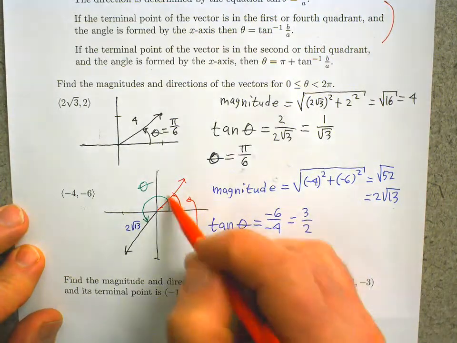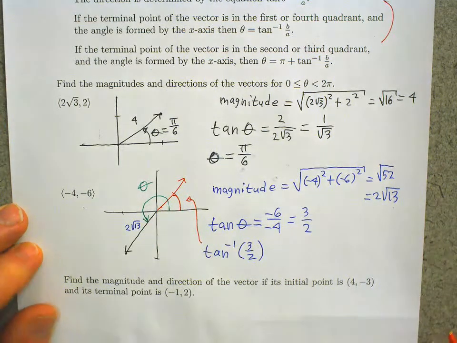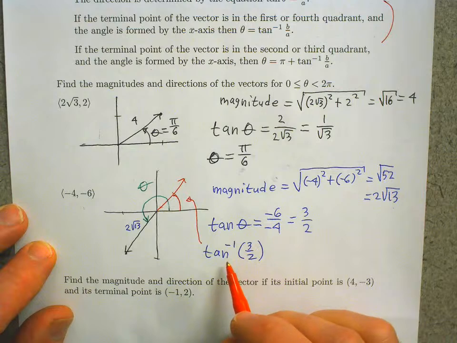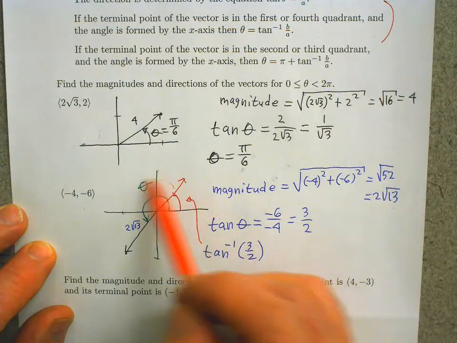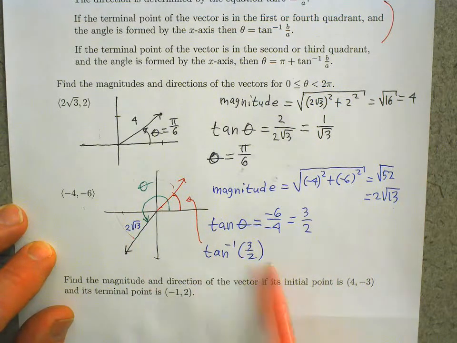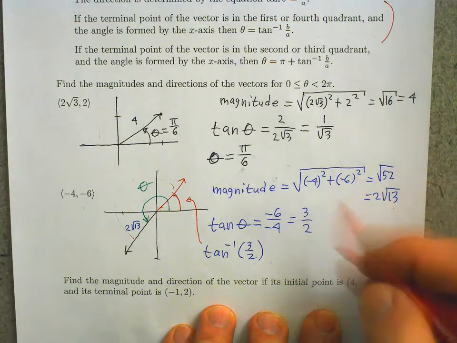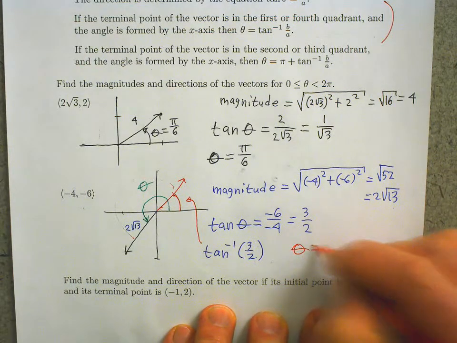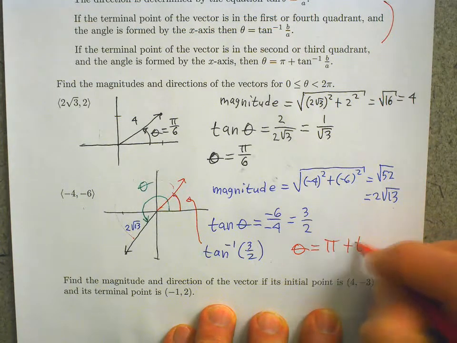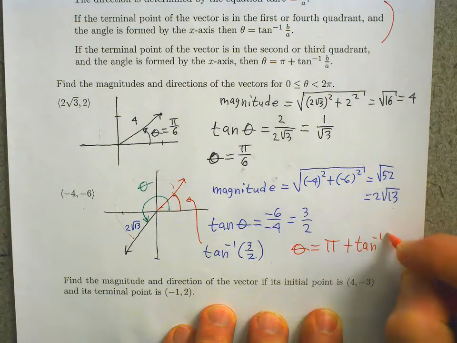But we want theta, and so theta is pi plus inverse tangent of 3/2. So I'll write that. Theta, we have to add pi to the inverse tangent of 3/2.